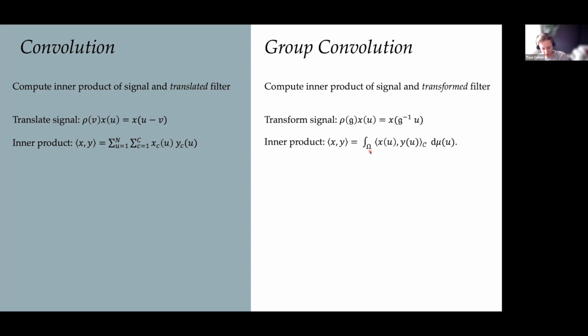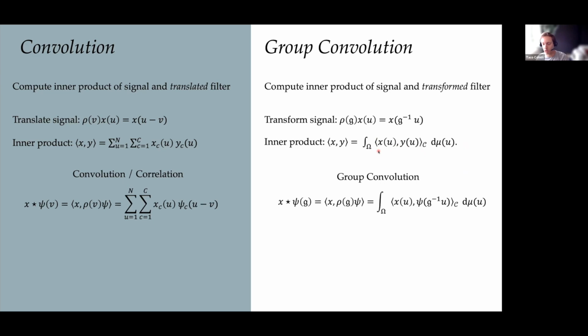In general, it will be an integral with a certain invariant measure. And then at each point, we take the inner product of the feature vectors along the channel dimension for X and Y at that position, and we integrate the whole thing. And this gives you a valid inner product that we use to do pattern matching.